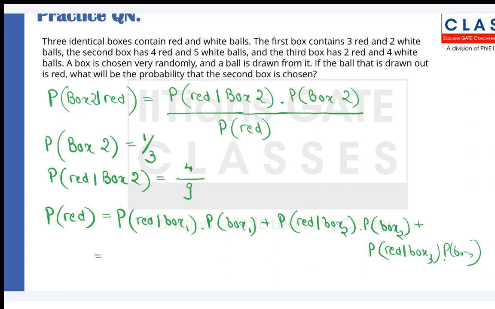So red given box 1, what is the answer? Given it is box 1, you have 5 balls in it. There are 3 red balls, so 3 by 5, right?